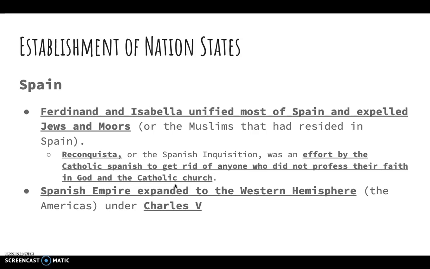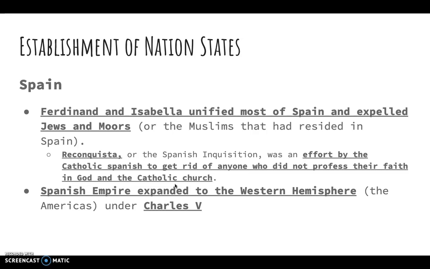Now, Ferdinand and Isabella are Catholic, and so they are trying to get all other influence of other religions out of Spain and really trying to keep Catholicism as the number one thing. They led this movement called the Reconquista, otherwise known as the Spanish Inquisition, to get rid of anybody who didn't profess their faith in God and the Catholic Church. They either killed them or tried to get them out of Spain.